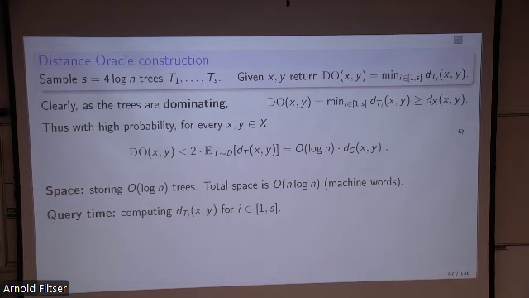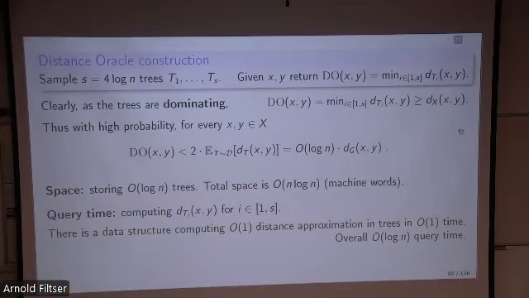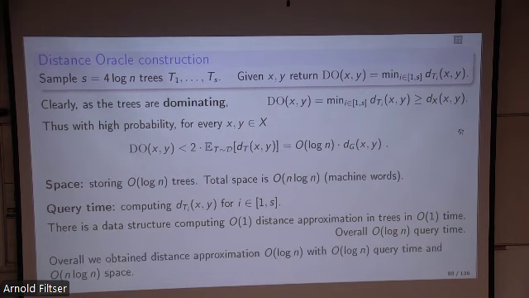As we discussed before, there is some mysterious data structure that can return, for every tree, O(1) approximate distances in constant time. And actually for the trees returned by the FRT, we can even do exact distances in constant time. So overall, this is equivalent to the number of trees, which is log n. So we got a log n approximation with log n query time and almost linear space.